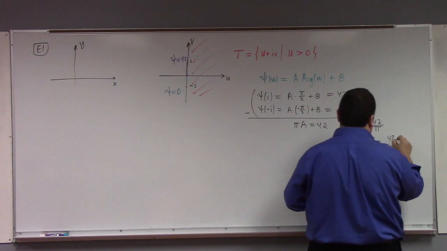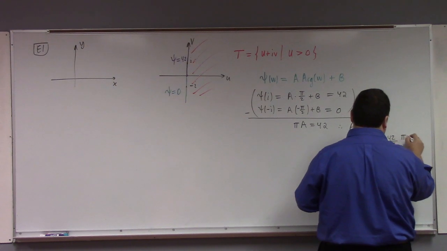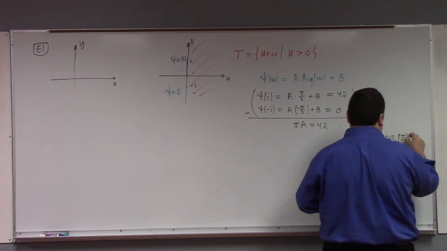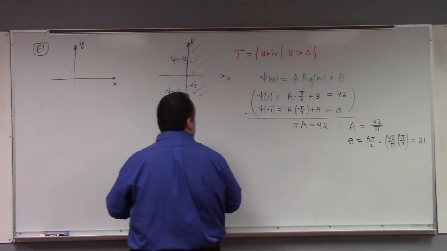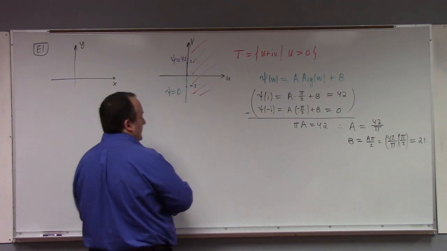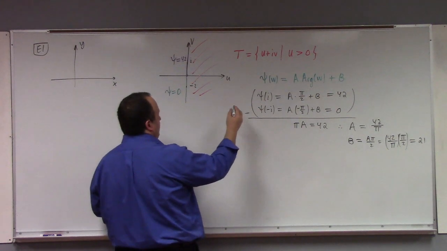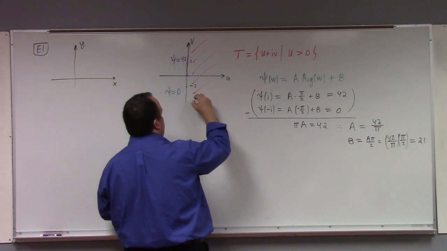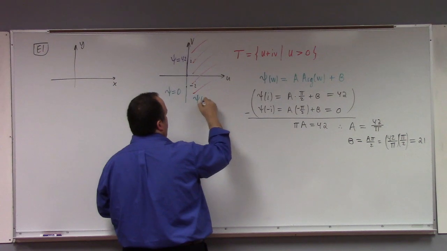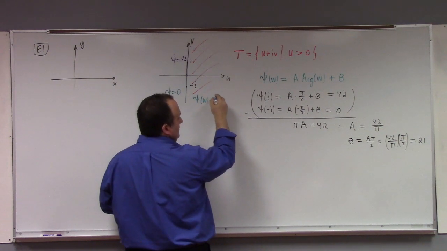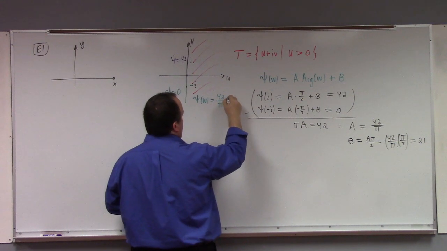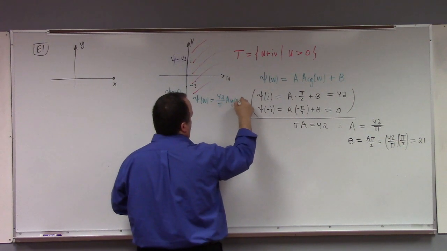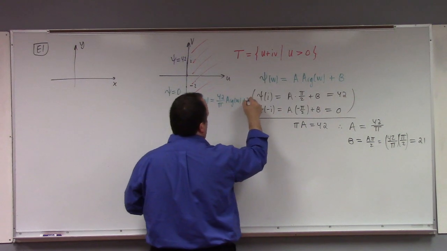Which would be 42 over pi times pi over 2, also known as 21. So lo and behold, after a little bit of algebra, we have located our desired solution to Laplace's equation simply as psi of w is equal to 42 over pi arg w plus 21, right?